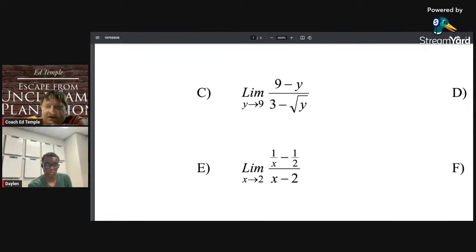Let's take a look at what that does. And let's take a look here. 9 minus y. Let's see. 9, I'm going to put in parentheses, 9 minus x divided by, what was on the bottom there? 3 minus square root y.